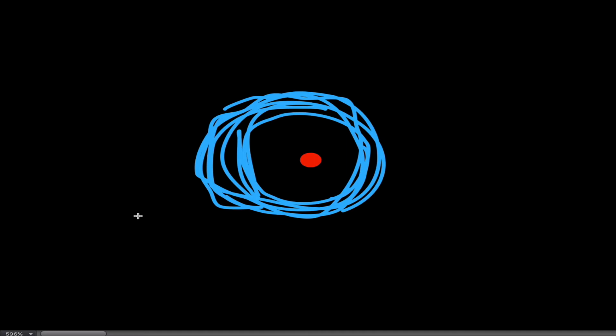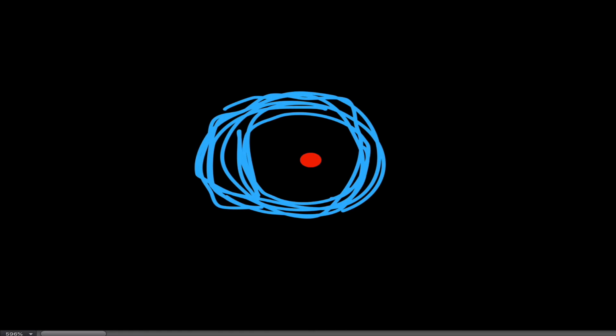Now, what happens if we give this electron a little bit more energy? Here's the problem with giving it a little bit of energy. The electron can only be in certain energy levels. This will make sense later, I'll explain this in another video. So we have to give it a certain energy boost.